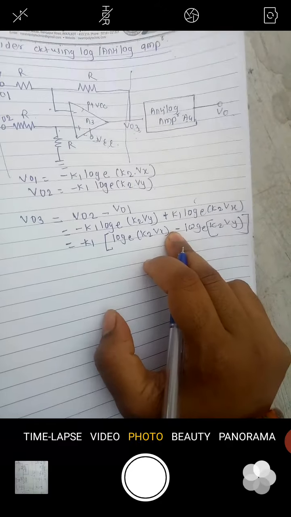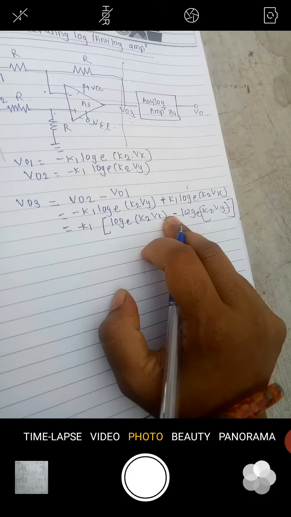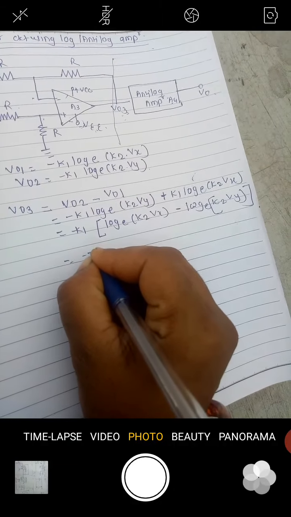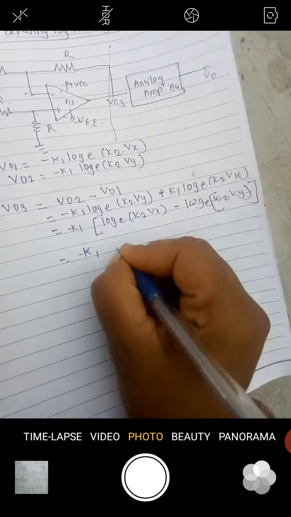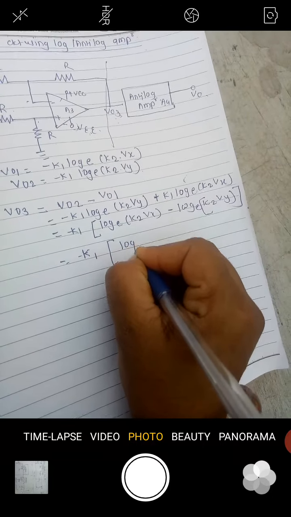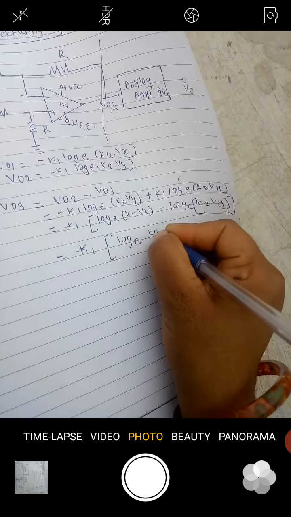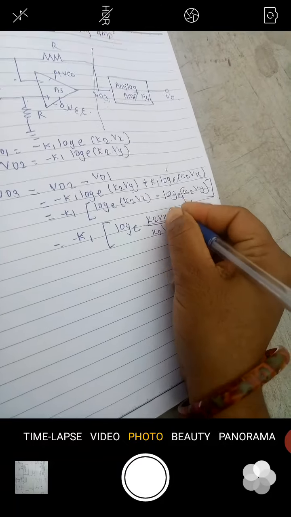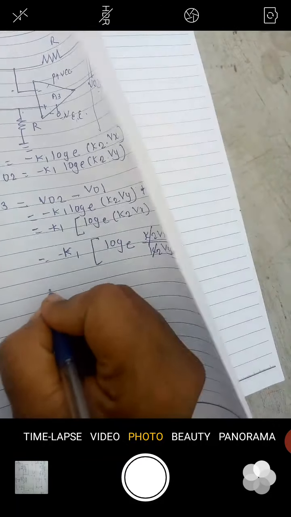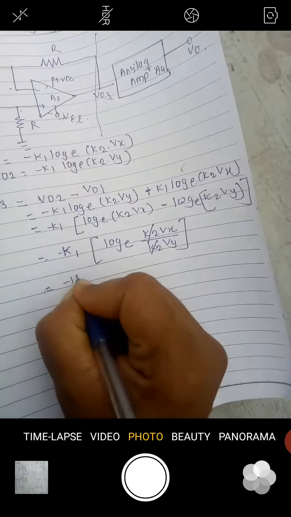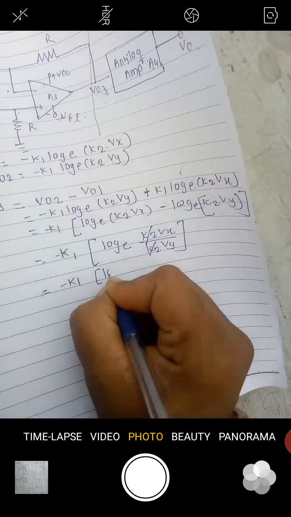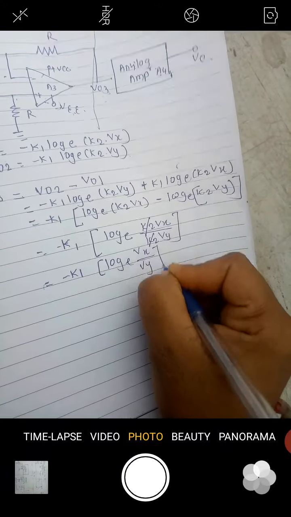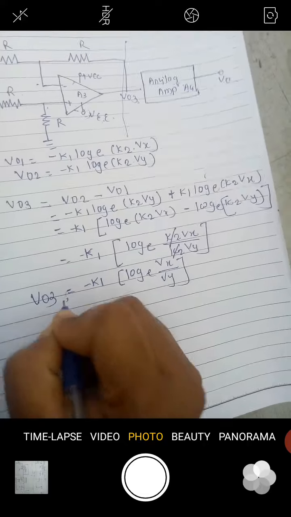If log terms are in subtraction manner, then they are divided by each other. So your answer is minus K1 log e K2 Vx upon K2 Vy. So K2 cancels out, and the remaining answer is minus K1 log e Vx upon Vy. This is nothing but the output of the subtractor circuitry.